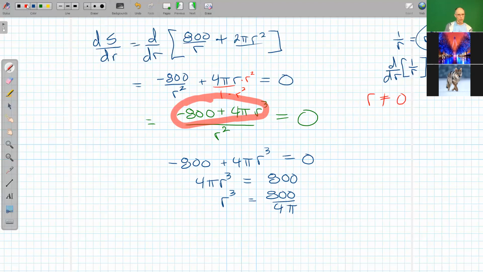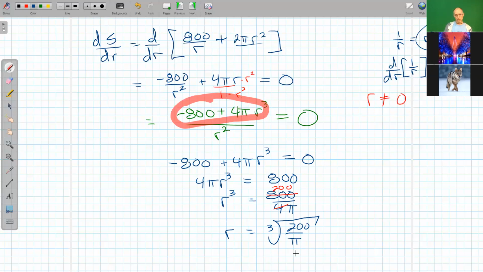And before we take the cube root, let's clean that up a little bit. 4 goes into 8 2 times, so 800 would be 200 when I reduce that. And then I can take the cube root. So r would be the cube root of 200 over pi. So I do believe I have a value for the radius.